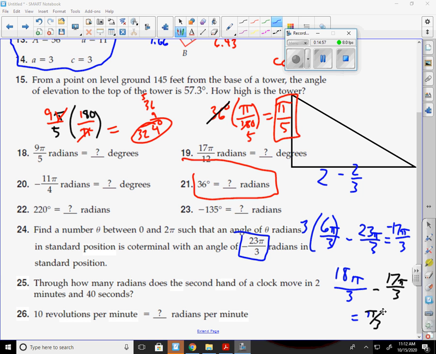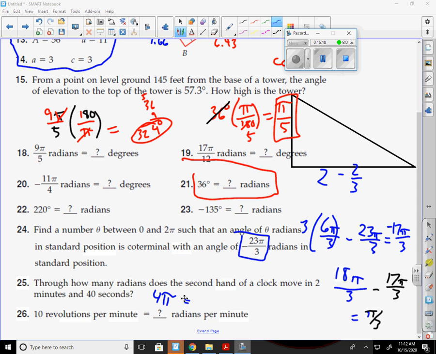Through how many radians does the second hand of a clock move in 2 minutes and 40 seconds? So if it's going around 2 minutes, it's the second hand. That means it's gone around the full distance twice. So that would be 4 pi already.